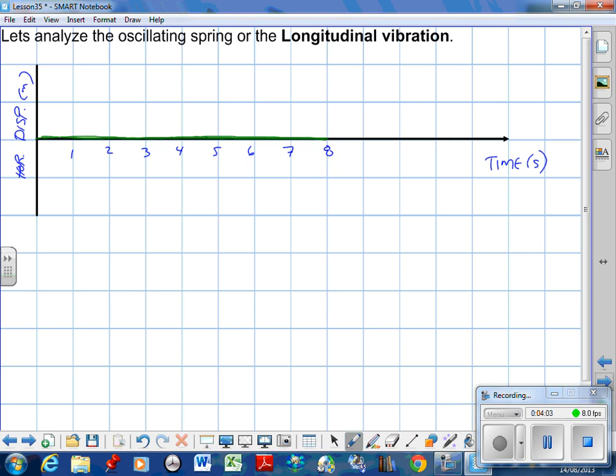So the result graphically is a straight line.